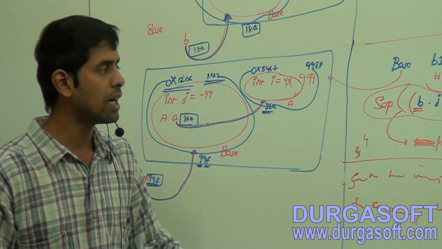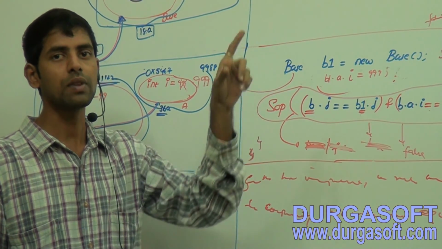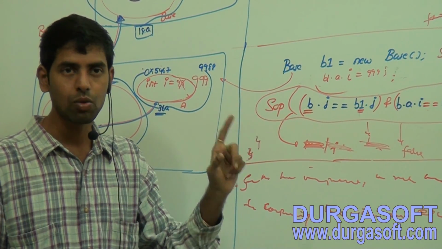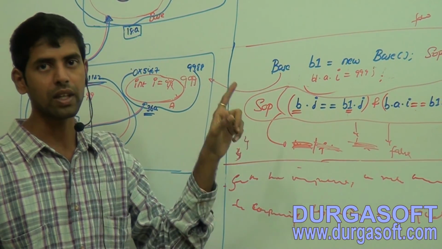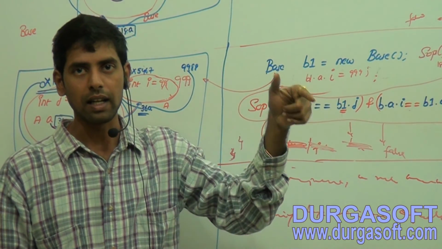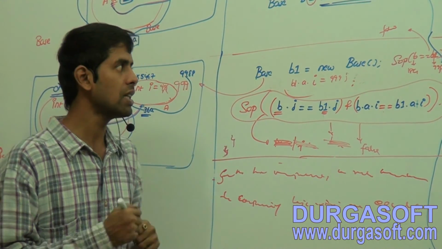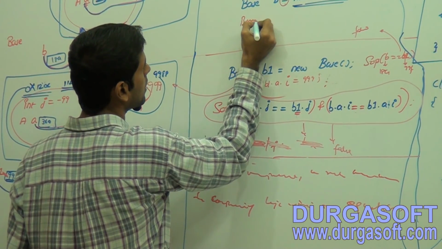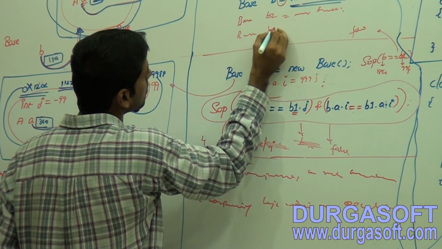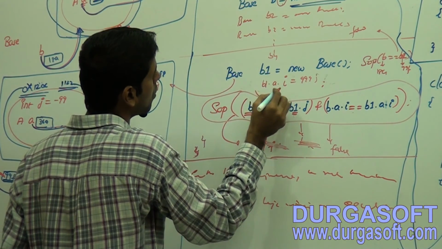And one more thing, what is that? This logic is recommended to be maintained within the equals method. Why? Sun Microsystems imposes a rule on us to maintain this logic within the equals method. Why? Because this is a user defined data type. If there are n number of objects and I want to compare two objects, think that I am going to create one more object, Base b2 equals new Base, and Base b3 equals new Base, and like that b4, okay?